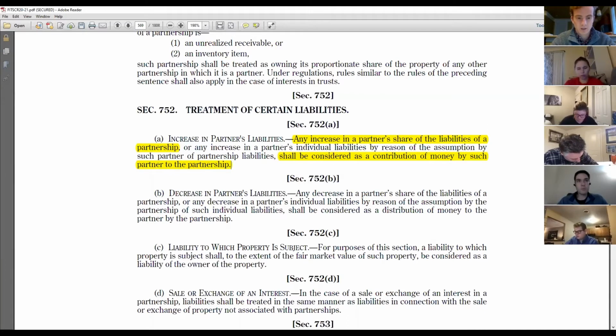We remember it: 722 says that when you contribute money or property to a partnership, your outside basis goes up by the amount of money or the basis of the property. So if it's money, your outside basis will go up by the amount of money that you're deemed to contribute.